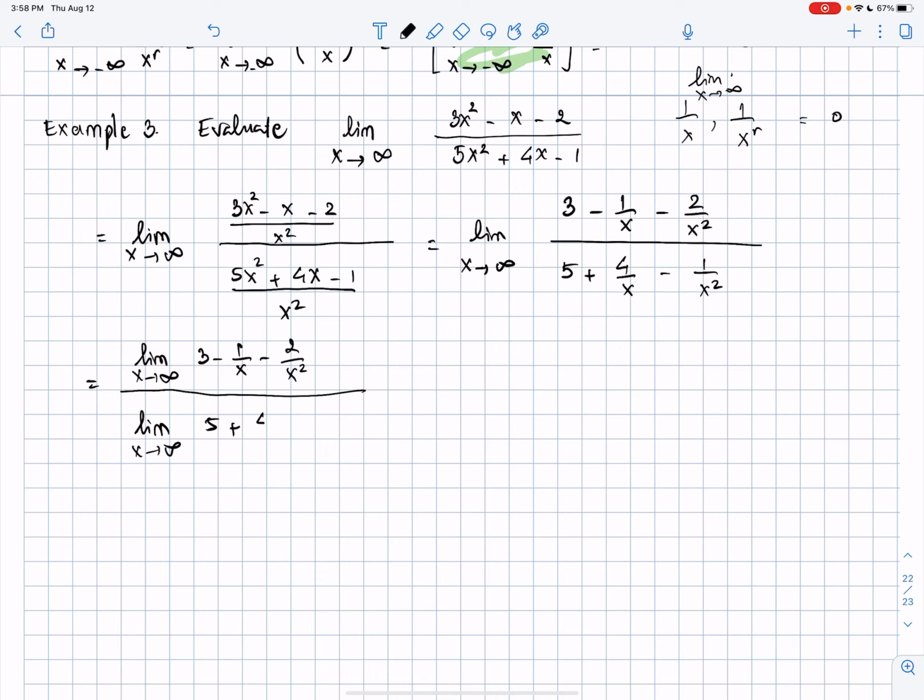And also between the terms are plus and minus, so we can use limit law number 1 and separate them. You do the same thing for the bottom. You're going to separate them, okay?